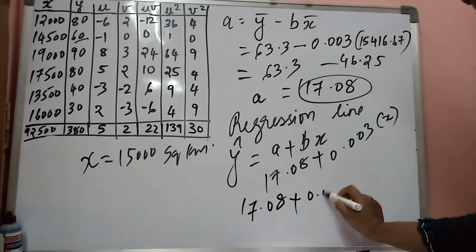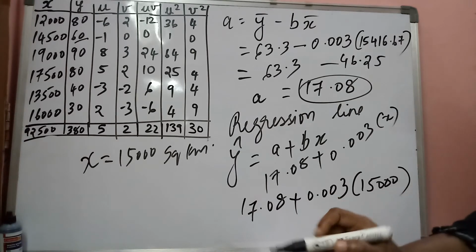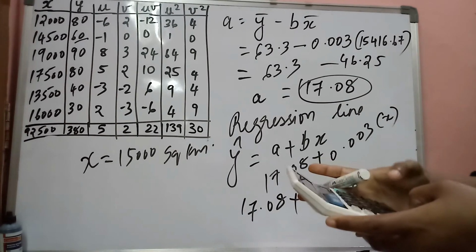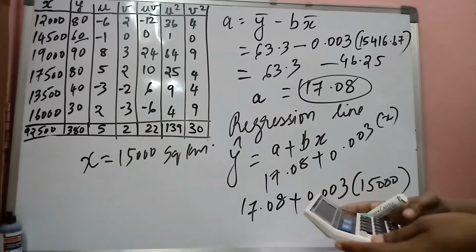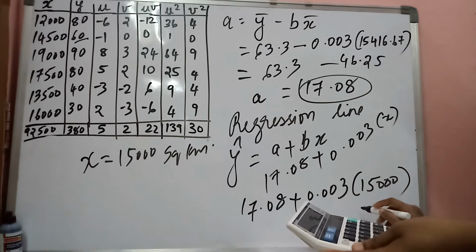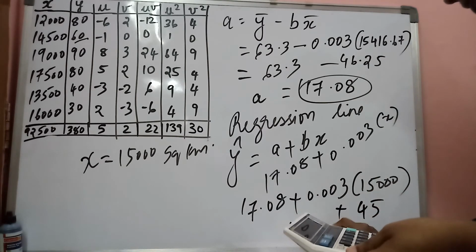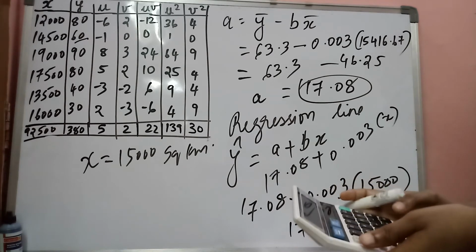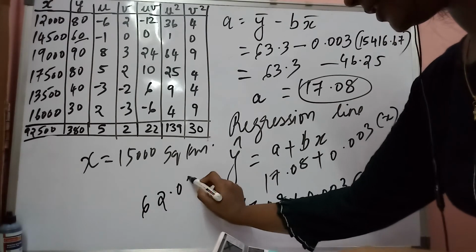So it would be like this: 17.08 plus 0.003 multiplied by 15,000. So multiplying 15,000 into 0.003, it would result as 45, plus 17.08. Then my answer would be 62.08.